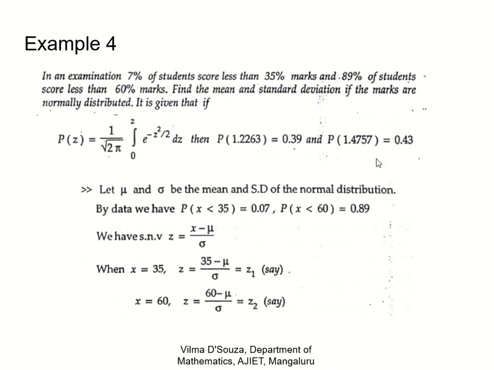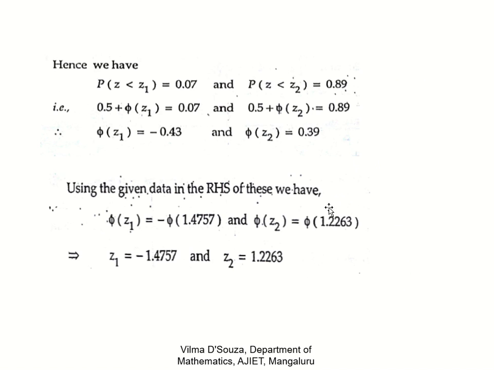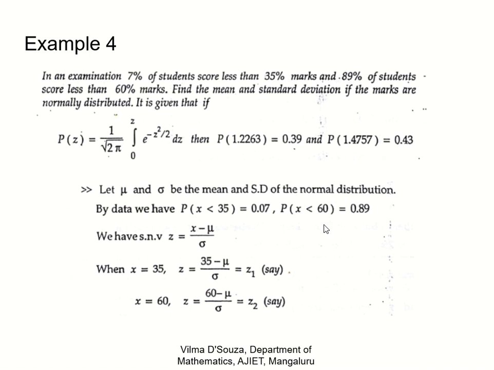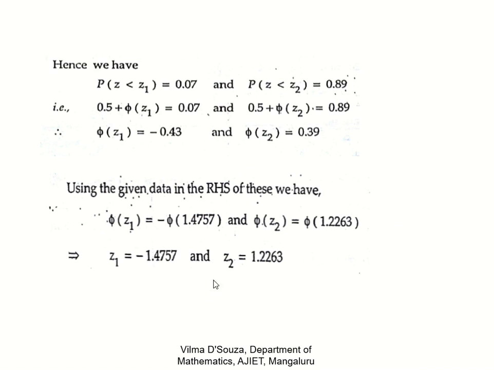And phi of Z2 is 0.39. So what is your Z2? Z2 is 1.2263. Fine. So you will get Z1 as minus 1.4757 and Z2 as 1.2263. So now you have the values of Z1 and Z2.